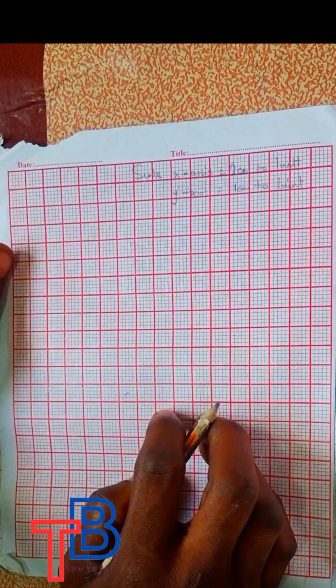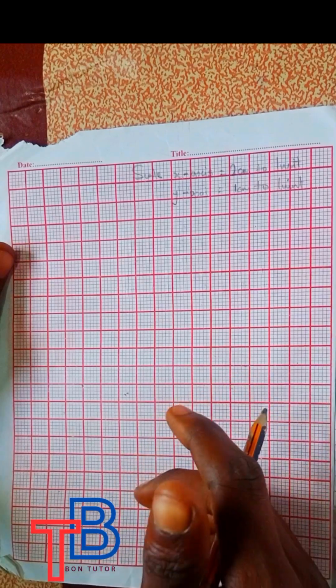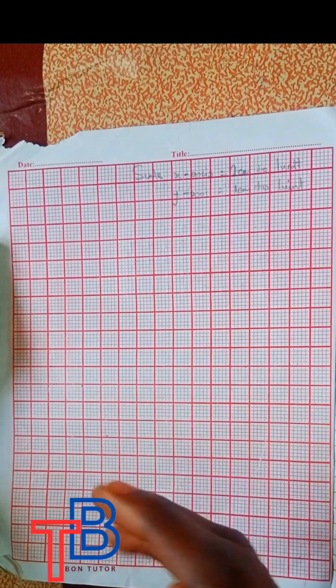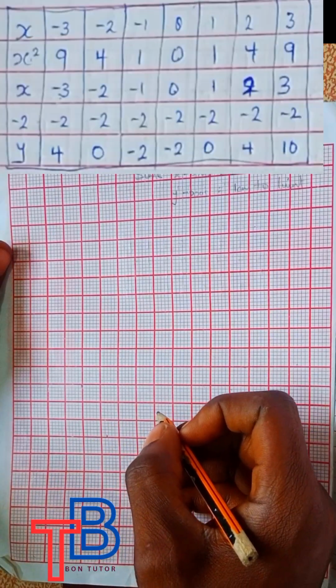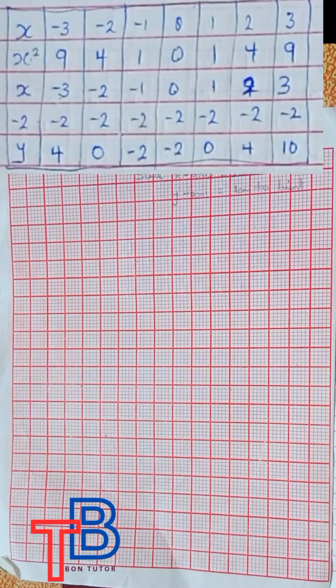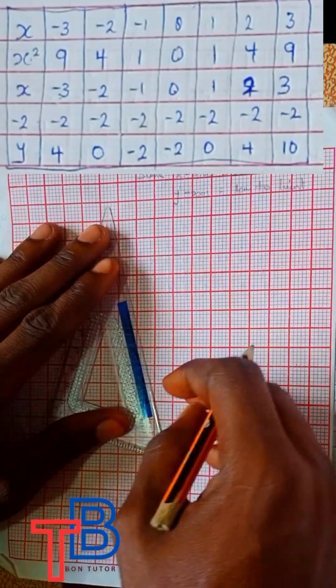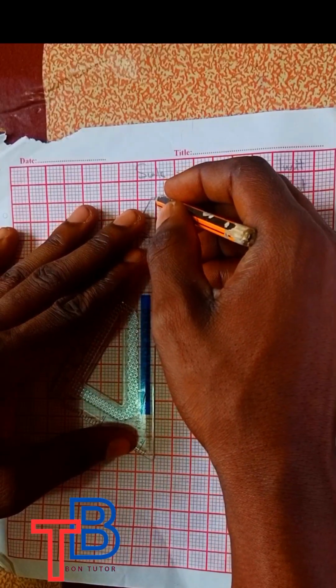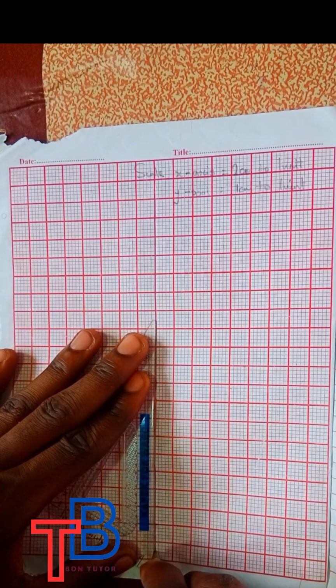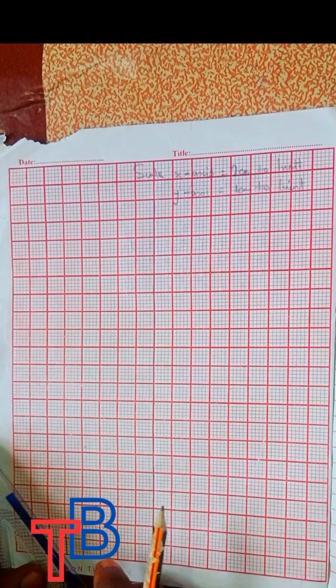But this time around, we have positive values of x, so we must put that into consideration, and positive values of y, so we must allow our graph to have negative values of y. So let's draw our axis.